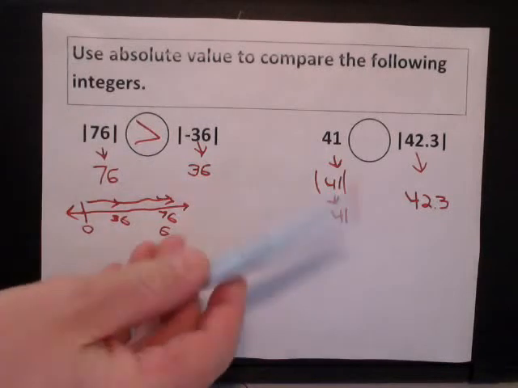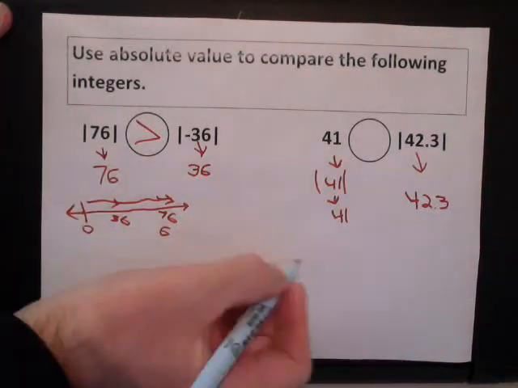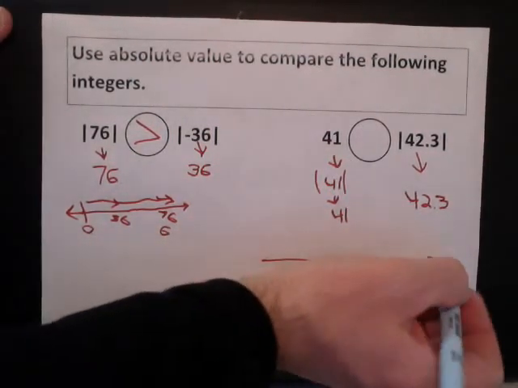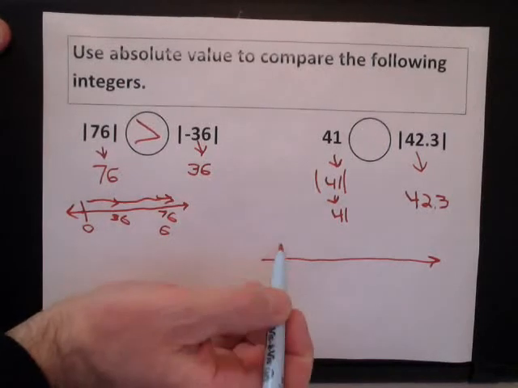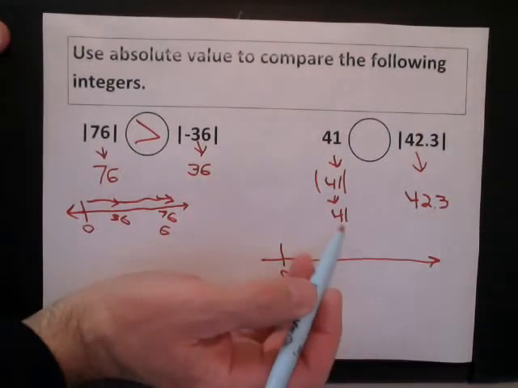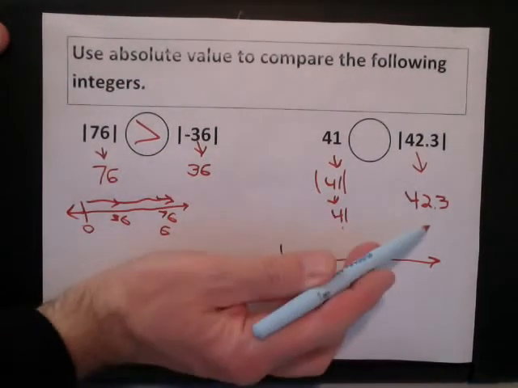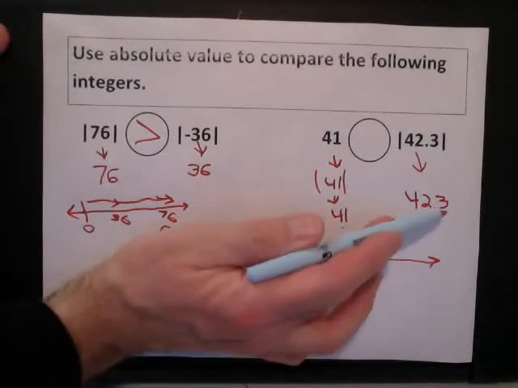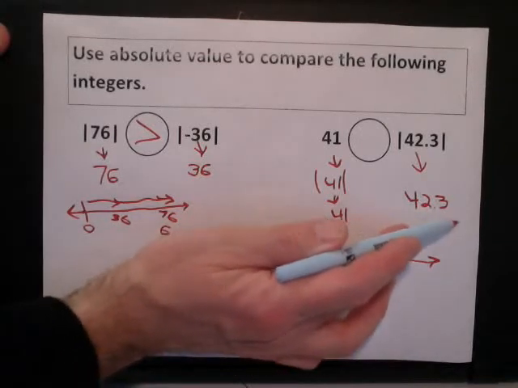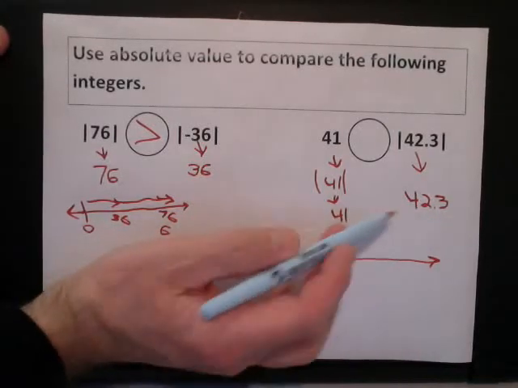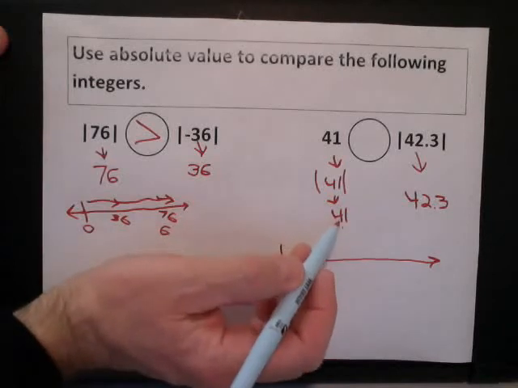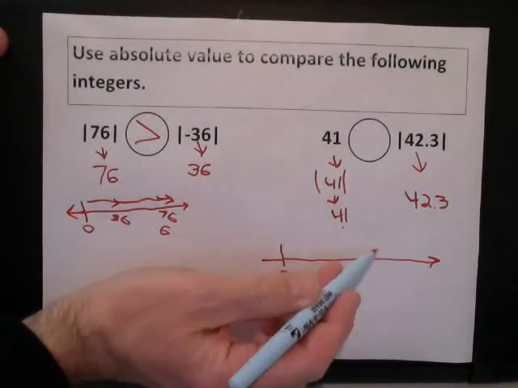And of course, if we're comparing on the number line, and going along on the number line, if you start at 0, you will reach 41 before you reach 42. Regardless of this decimal, that's just a little bit further than 42, but 42 is still after 41 going from left to right.